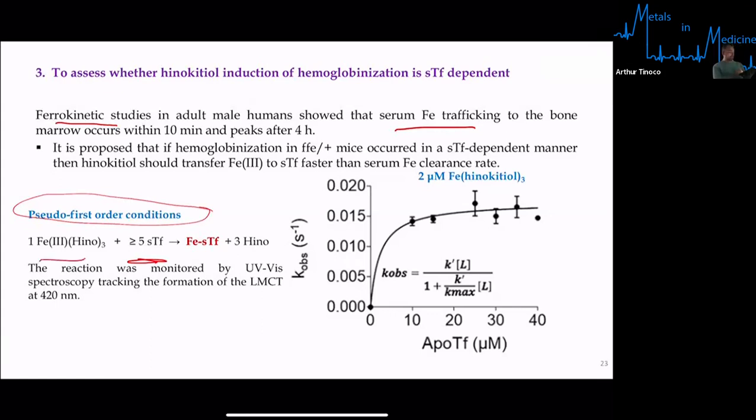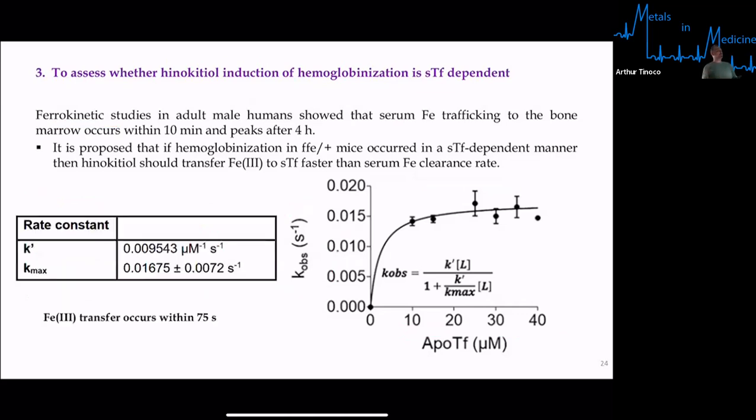So you have the complex, you have 5 equivalents of protein or more, because they go up to, I believe, if it's 5 times 4, I think it's like 20 times more. And you see this profile, they're looking at the observed rate constant and trying to fit this data.